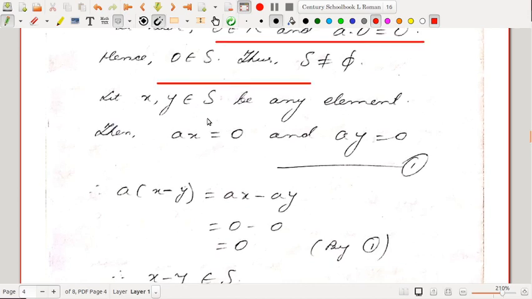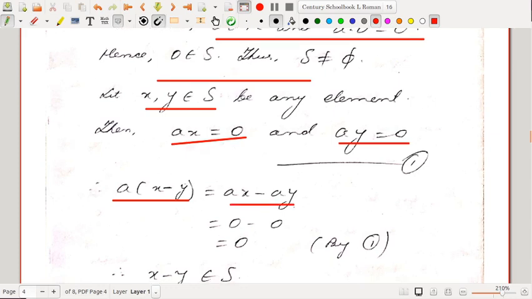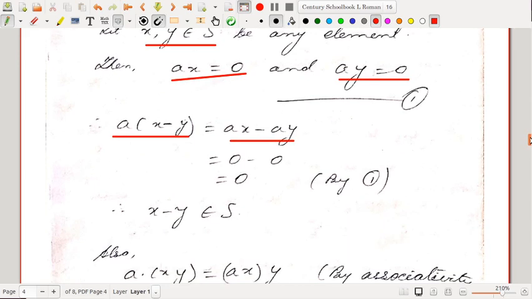So next I start with any two elements inside S. Let us take x, y inside S. Then by definition ax is 0 and ay is also 0. So what is a into x minus y? It is ax minus ay, but ax is already 0 and ay is also 0. So 0 minus 0 is 0, right? So a into x minus y is also equal to 0.